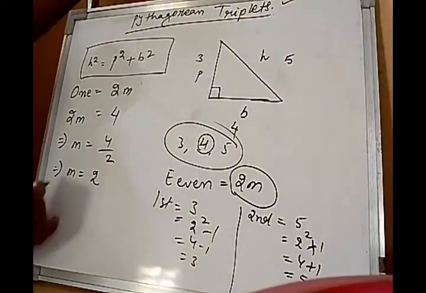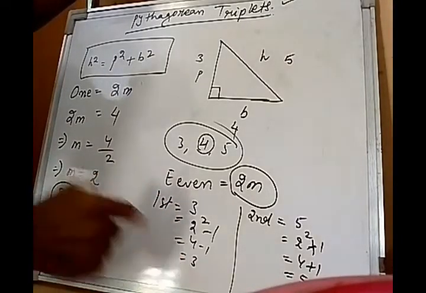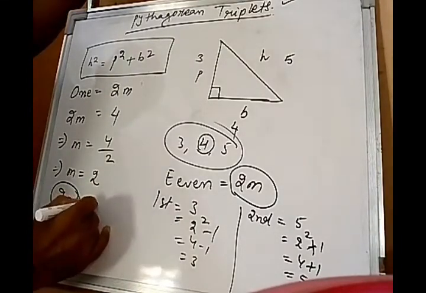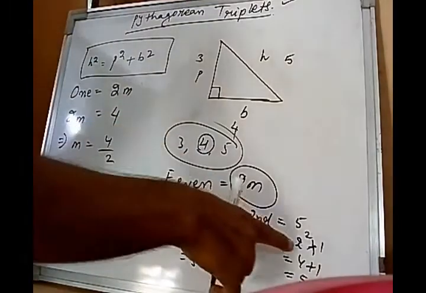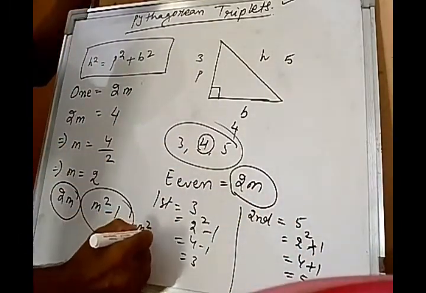That means the first one is 2m, the second one is 3, that is 2 square minus 1, where 2 is m here, so m square minus 1. Now the third one is 2 square plus 1, where 2 is m, so m square plus 1.